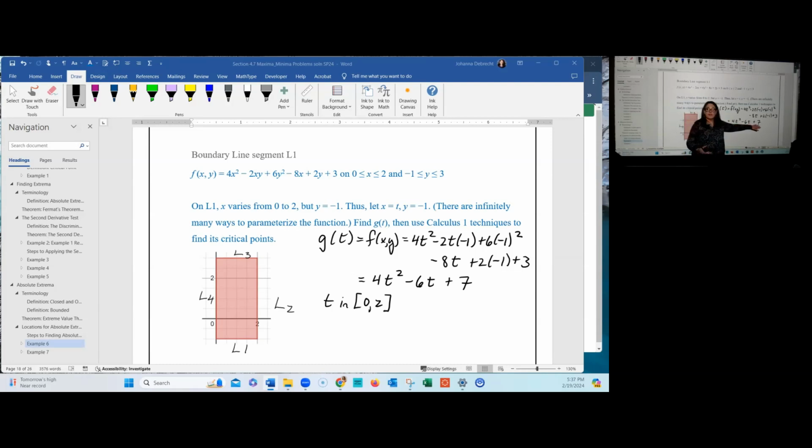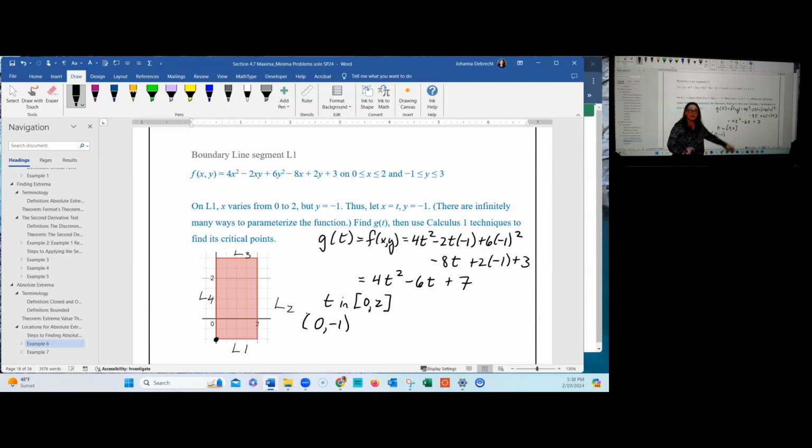Since this is now a function of one variable, but over a closed interval, I definitely need to check at 0 and 2. But this would be at 0 and 2 for the x value. If x is 0 and y is -1, then this is giving me that left corner that you see there.